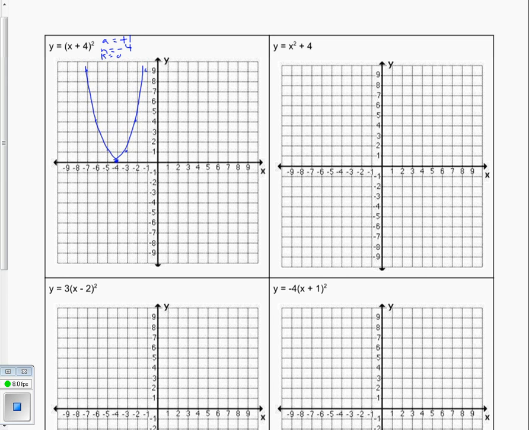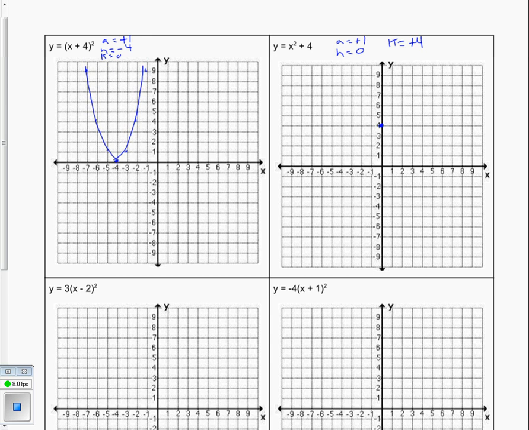If we look at the next example here on the right, we've got x squared plus 4. So the a value is plus 1. The h value is actually 0. There is no h value. Okay? And the k value is actually positive 4. Okay, so in this case, there's no horizontal shift to the right or to the left, but because the k value is plus 4, it's going to move that vertex up 4 from its original location.